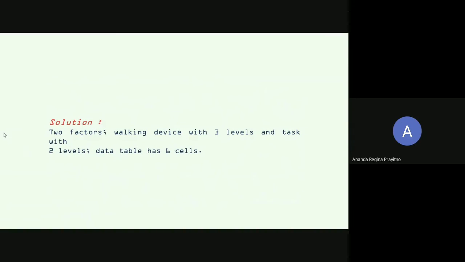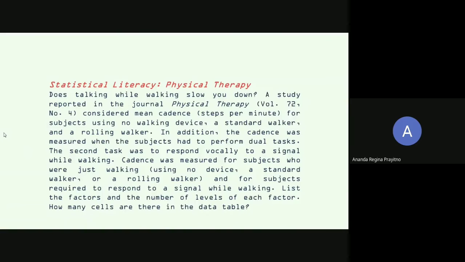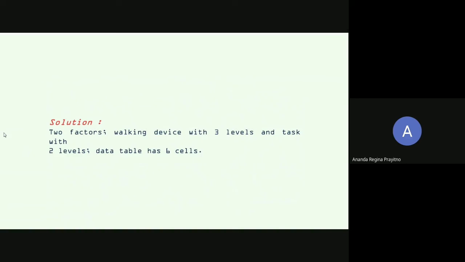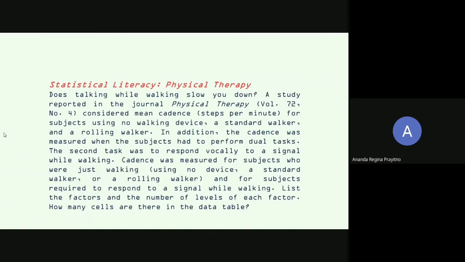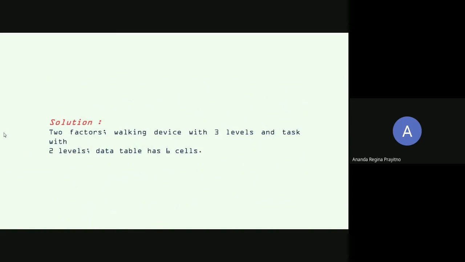There are two factors: walking device with 3 levels and task with 2 levels. And the data table has 6 cells. So the first factor is walking device with 3 levels. Those are using no device, a standard walker, and a rolling walker. And the second factor is task with 2 levels.